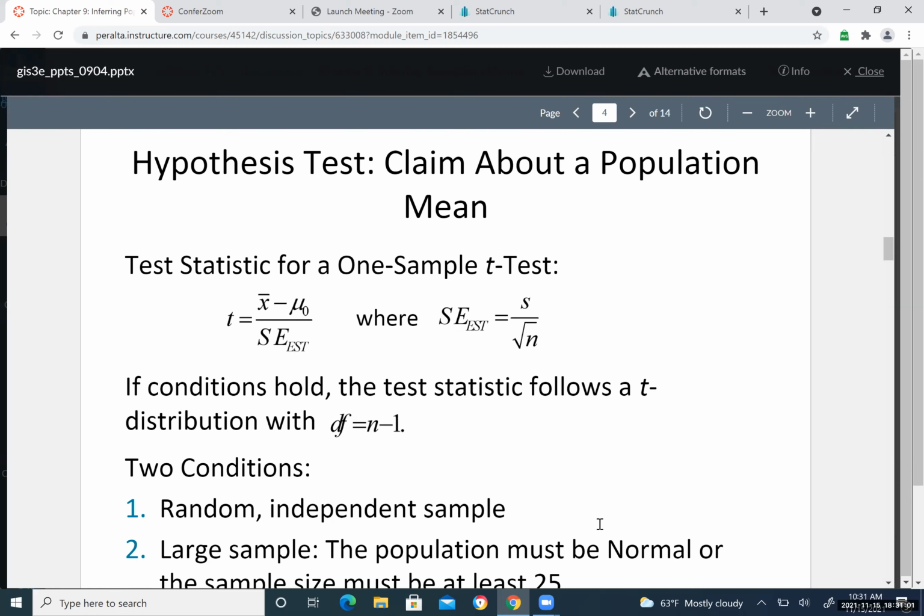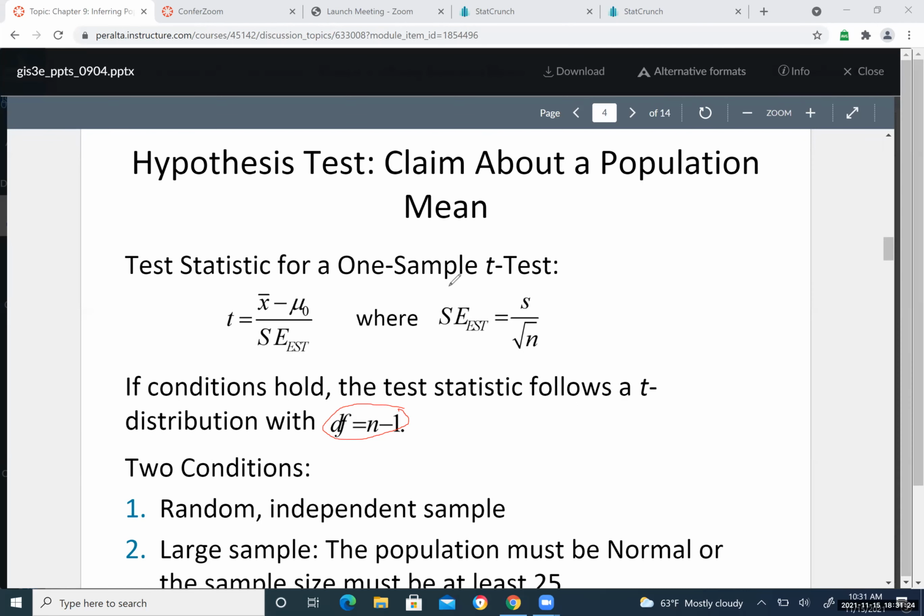Down here, let me annotate. If we compute by hand, then we need to find this by hand and compare with a table that I posted in the discussion board. But if we don't, then StatQuant automatically does it for us. So you don't have to worry about that.